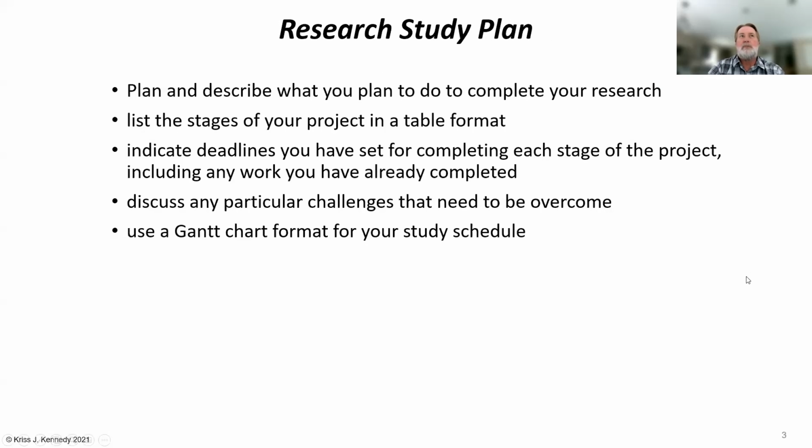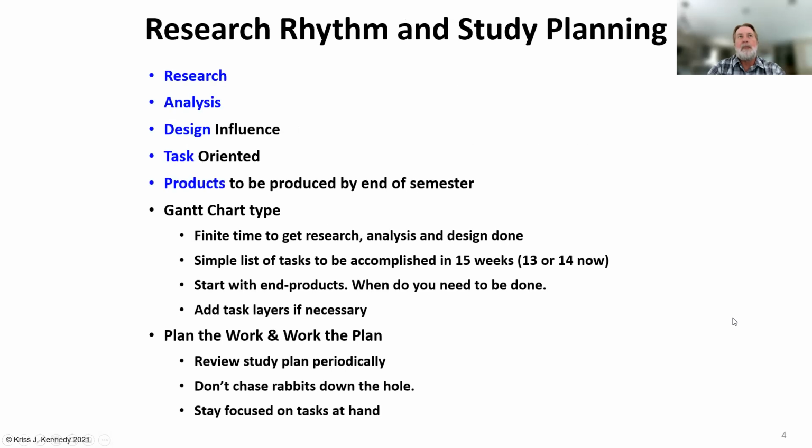So in a research study plan, you plan and describe what you want to do to complete your research. List the stages of the project in a table format, indicate the deadlines that you set up, and discuss any particular challenges that you need to overcome, and use a Gantt chart to format your study schedule, which we will go over later today.